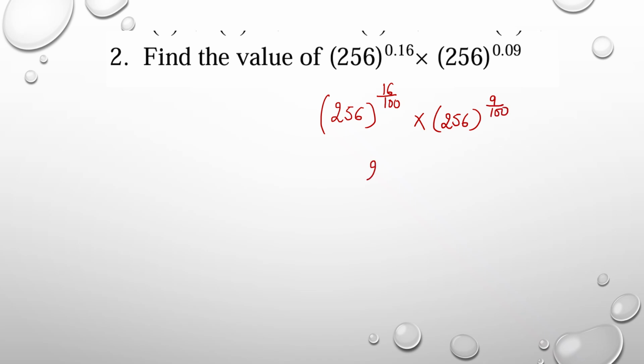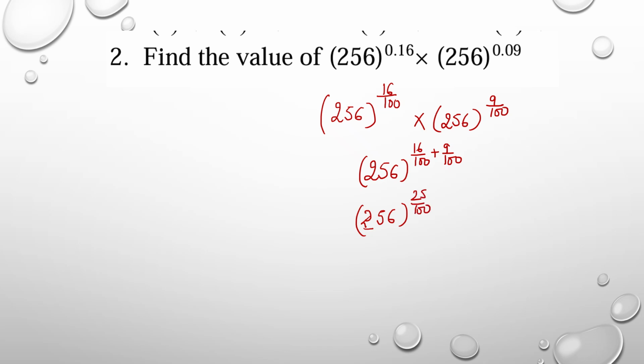Now the bases are same. We can add the exponents. 256 raised to the power 16 upon 100 plus 9 upon 100. Add the exponent. 256 raised to the power 16 plus 9, 25 by 100.